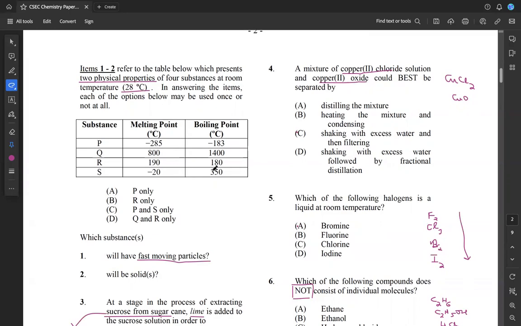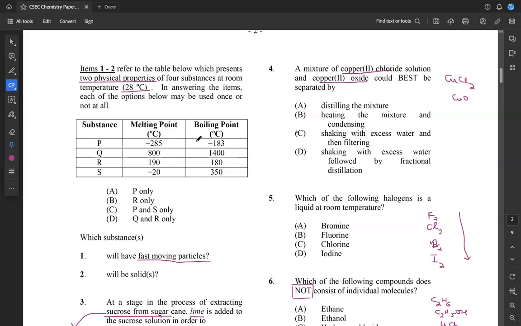Looking at the melting point and boiling point, P has a particularly low melting point and a low boiling point when compared to all the other substances. That indicates that in P the bonds are very weak, so it's easy to boil it and easy to melt it because those bonds aren't as strong.